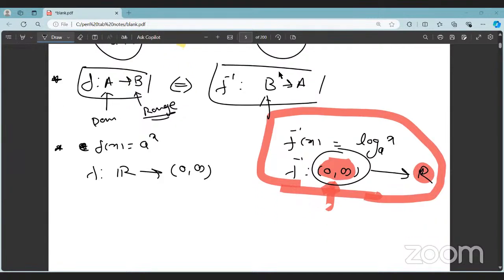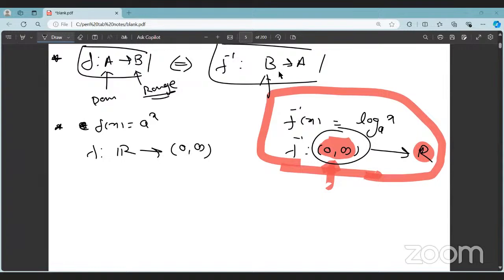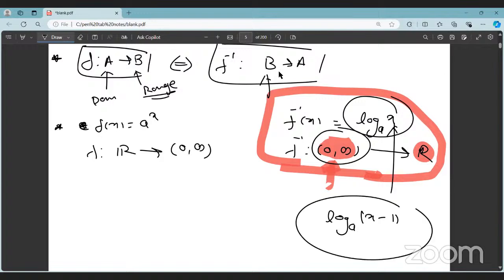Ma'am, so every log function will have the same range and domain? Every log function which is defined as log base a of x. If you compose it with another function, like log base a of x minus something, this obviously has a different domain, but you have to find the domain of this function by composition of functions, because it's actually a composition of two types of function.